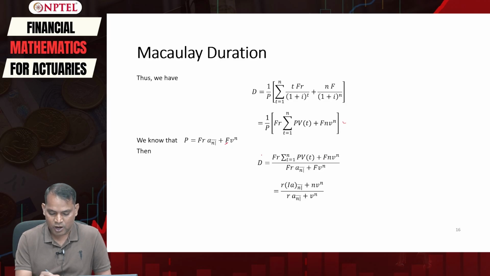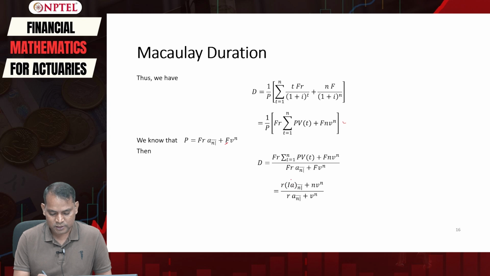Take this face value out here, and then F divided by F is equal to 1, and therefore we are not writing it here. So we simply have r (Ia) angle n at I plus n v to the power n divided by r a angle n at I plus v to the power n.